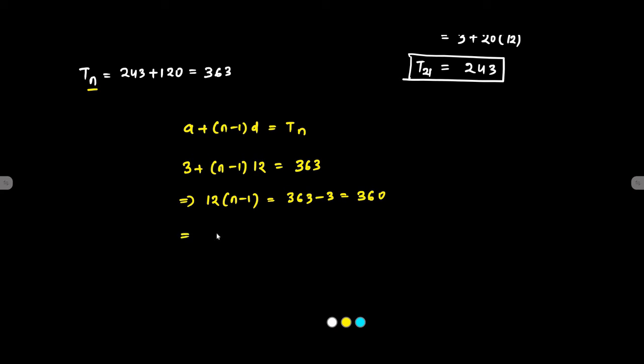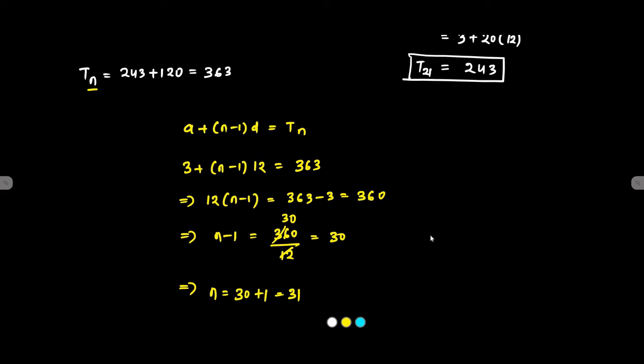That implies n minus 1 is equal to 360 by 12, which is 30. That implies n is equal to 30 plus 1, equal to 31.